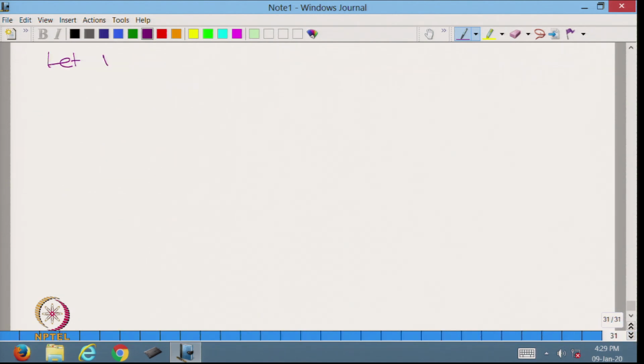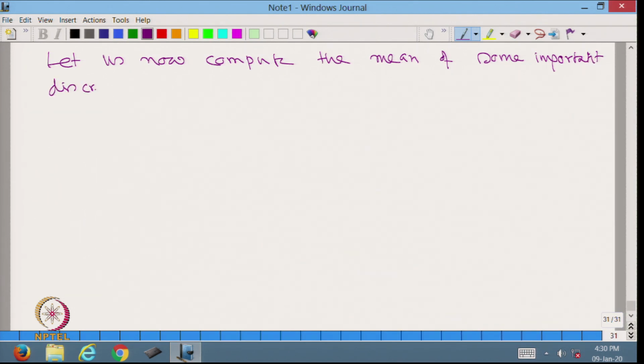Let us now compute the mean of some important discrete distributions. X follows binomial with n comma p.